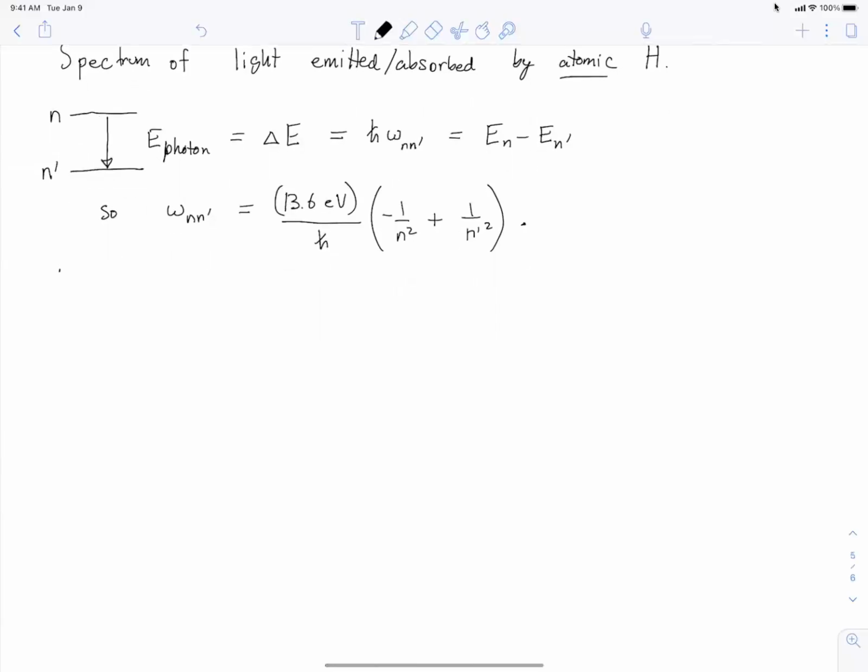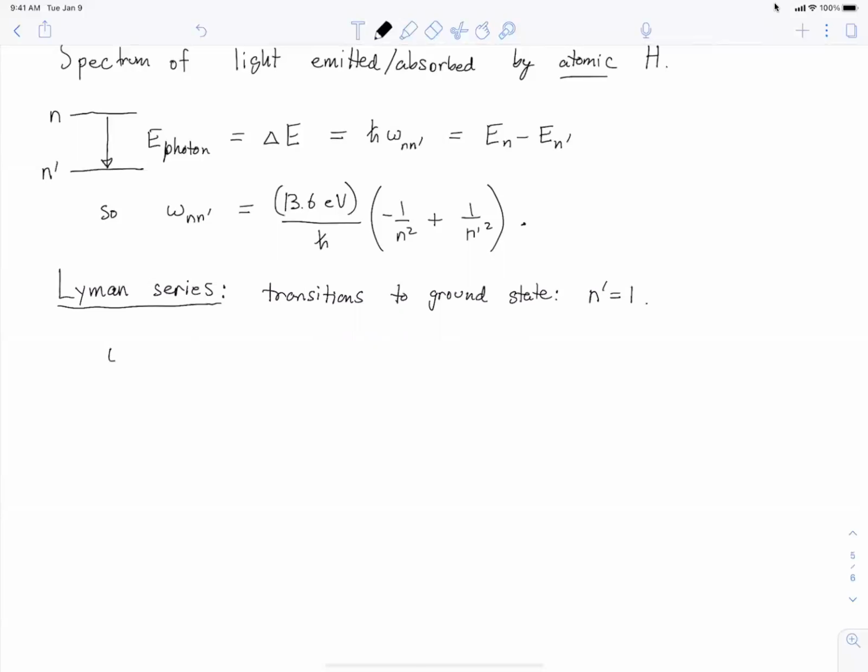The most significant one is the Lyman series. And the Lyman series is just all the light that you get from transitions to the ground state. So it would make sense that those would be the most important ones. You've got an atomic hydrogen state minding its own business, and then it gets excited by something, maybe it bumps into something, and then it decays back to the ground state where n prime is 1.